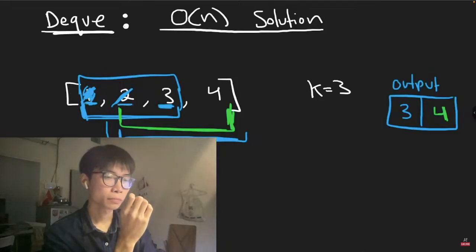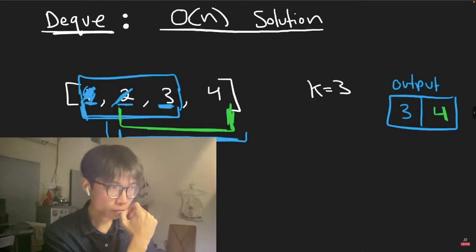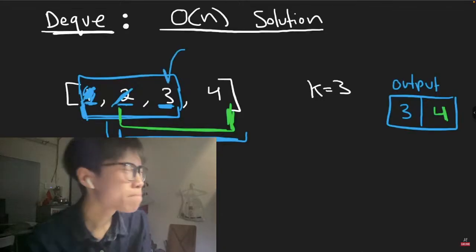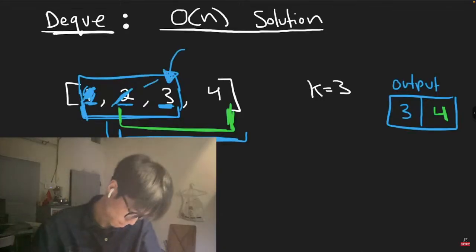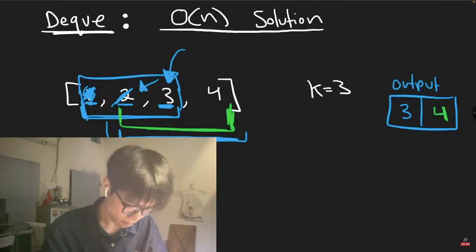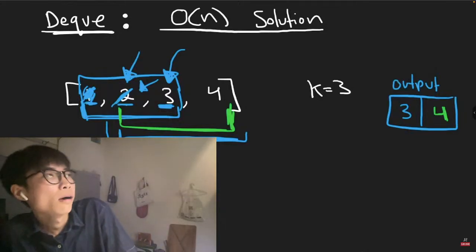What about 2? Well, 2 is inside of our window, it's at the leftmost position. But since we know that this 3 is greater than the 2 anyway, why would we ever need to look at the 2 ever again? It's never going to be the maximum.